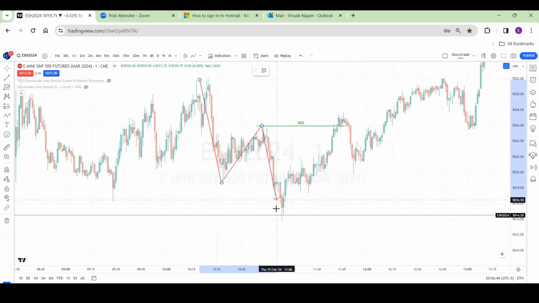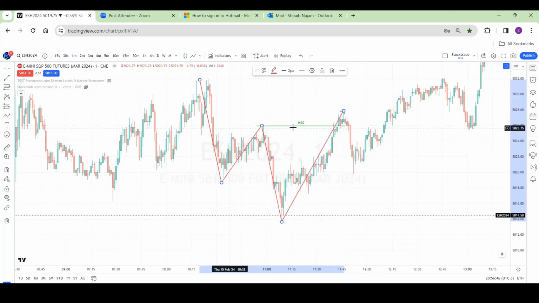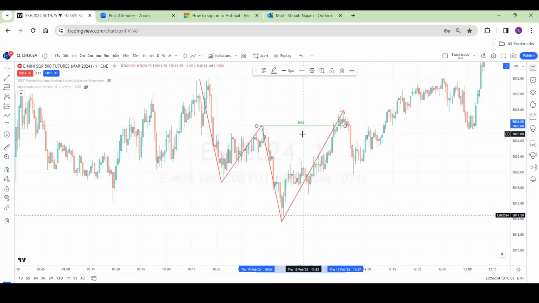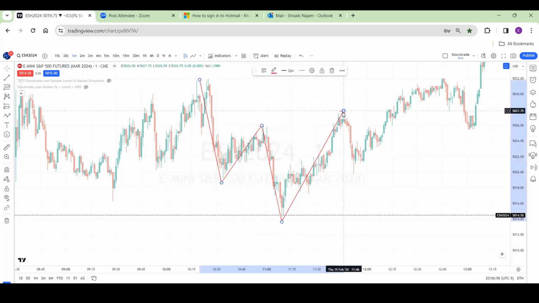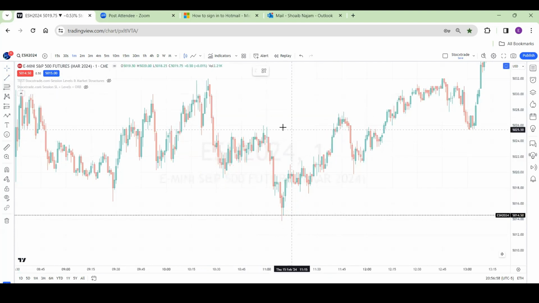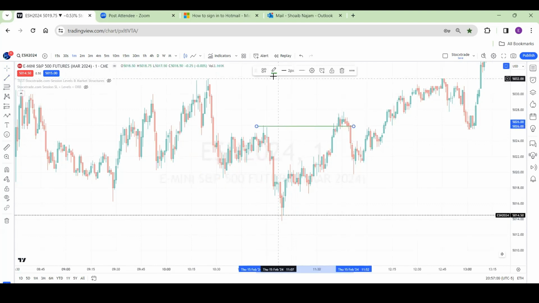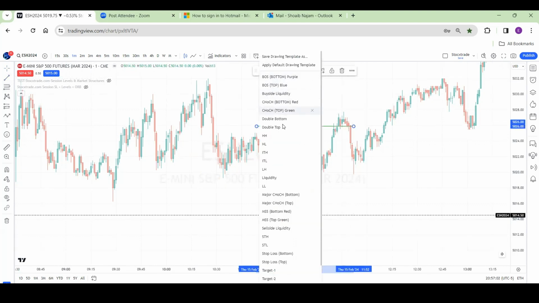Major low, swing high, then low, then high. It is breaking this. This is not the major swing, you can say internal major swing. So this is the market shift. Once you see the market shift, this is the best area. The market slows down. No big candles, nothing.